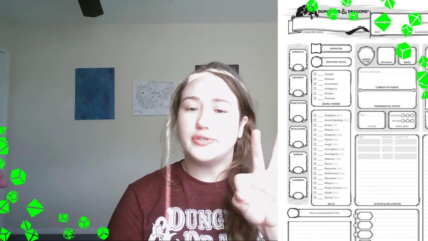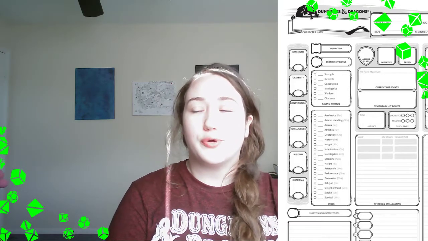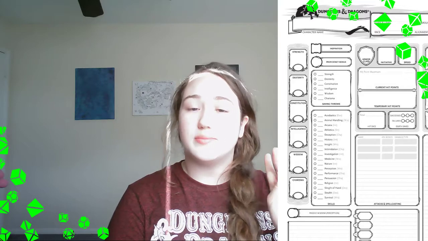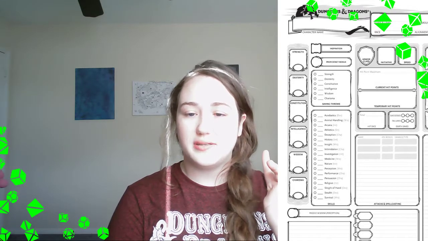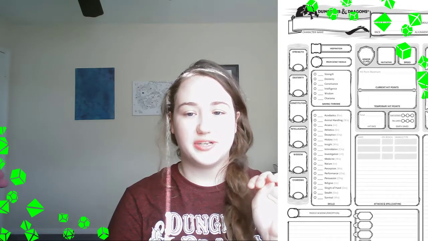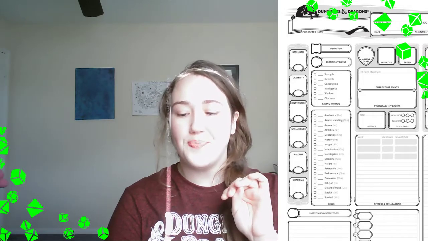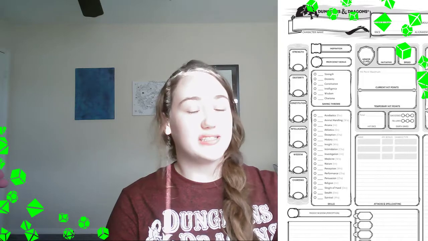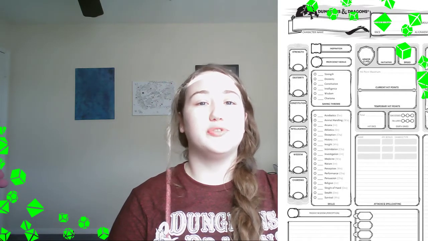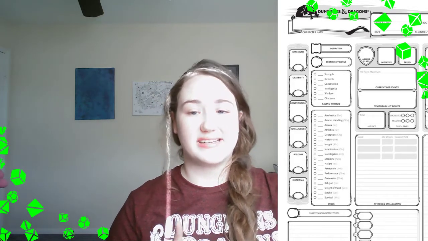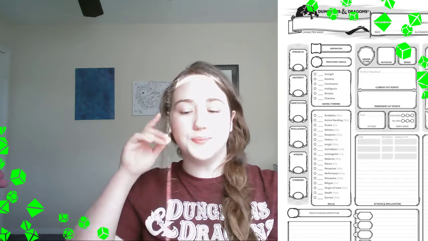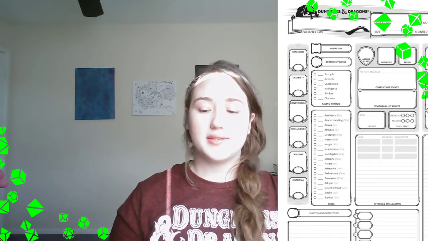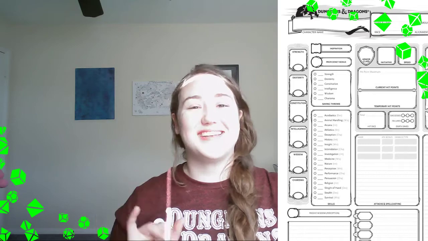So those are your 3 things that you're going to want to pick from. Your race is going to give you, sometimes it'll give you a proficiency, and we'll talk about proficiencies in a minute so you'll understand what I mean. Or sometimes, like if you're a tiefling, you'll be able to cast certain spells once a day and at a certain level. So they kind of just give you different odds and ends.